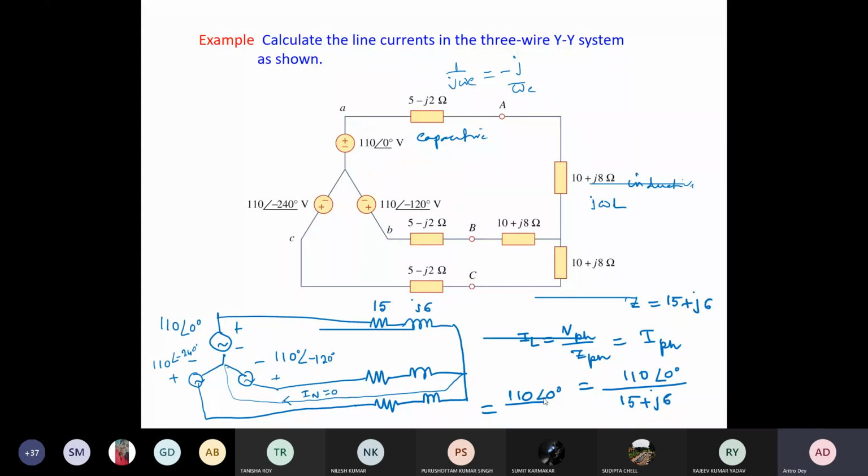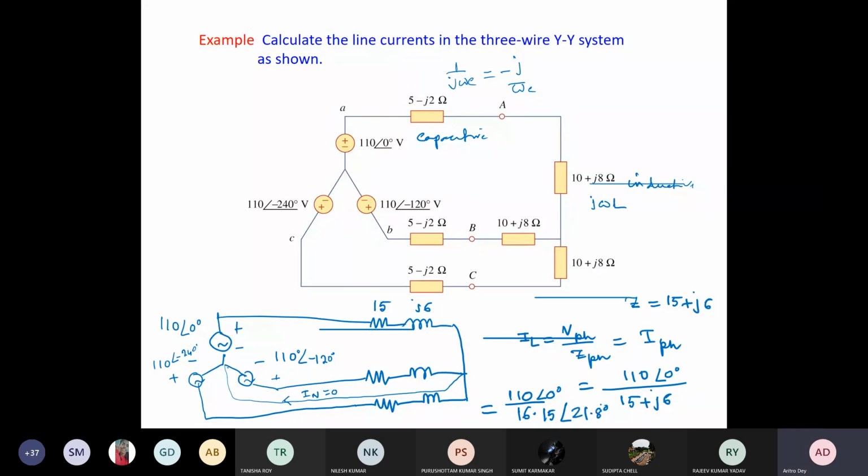If we compute the impedance, we should use the polar command with 15 comma 6, and that turns out to be 16.15 angle 21.8.